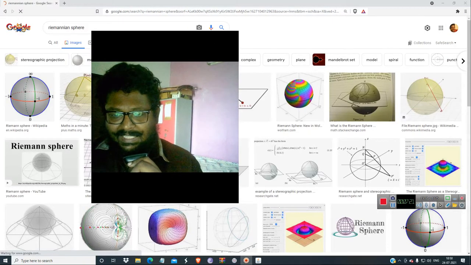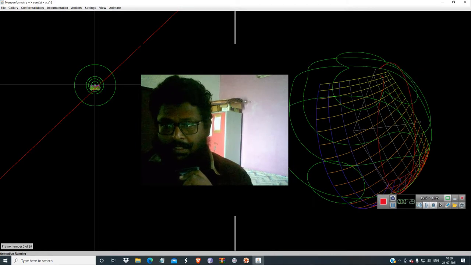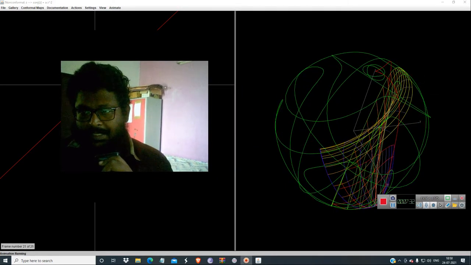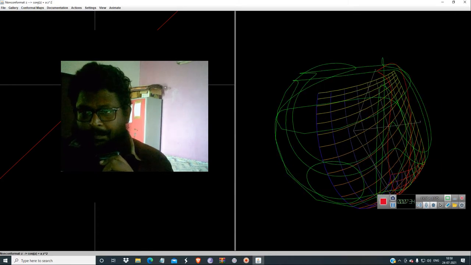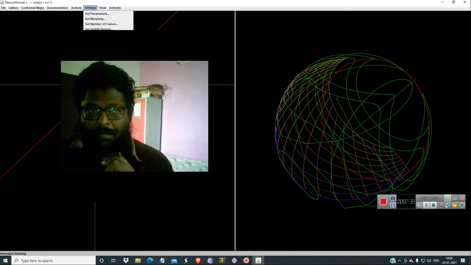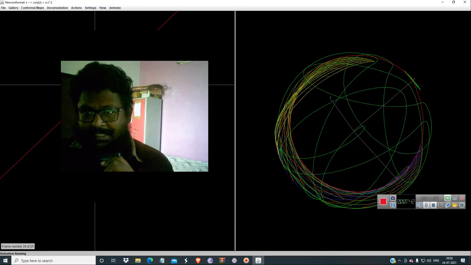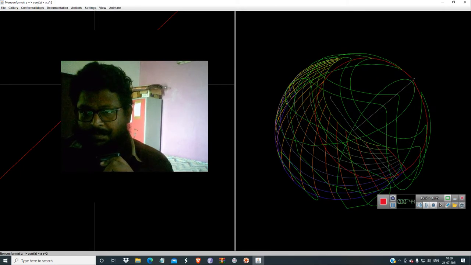This grid is being plotted in a manner that it is being deformed. When I morph it, you can see the morphing take place. This is the 3D perspective of what you see. When a non-conformal mapping is being cyclically morphed, you can see a very bizarre transformation happening.